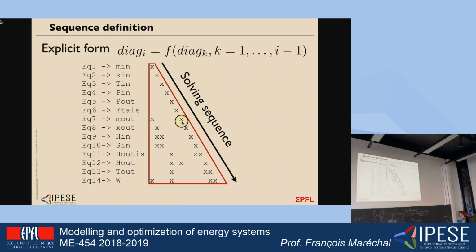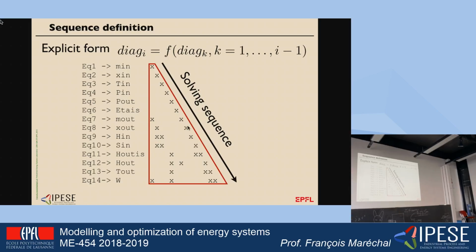And if I'm doing it like this, I will continue up to the end, and I will have a sequence of resolution. Each time I'm solving one equation, I'm calculating the value that is here on the diagonal position. Okay? So I have associated one equation to the calculation of one value, and this equation will always use the values that have been calculated before.